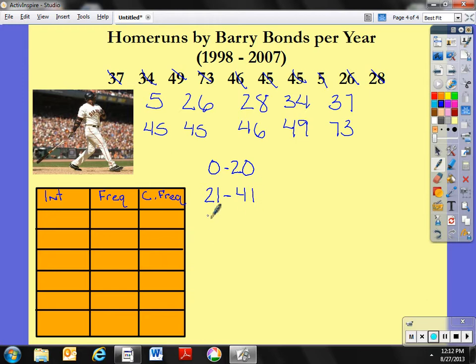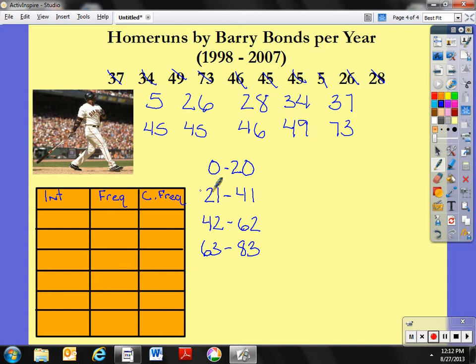Then not 41 to 61, but 42 to 62. I don't want to go 62 again, because if I had two 62s, I wouldn't know which interval to put it in. So I go to the next number after 62, which is 63. Adding another 20 gives me 83. I could stop right there, because my largest number is 73.